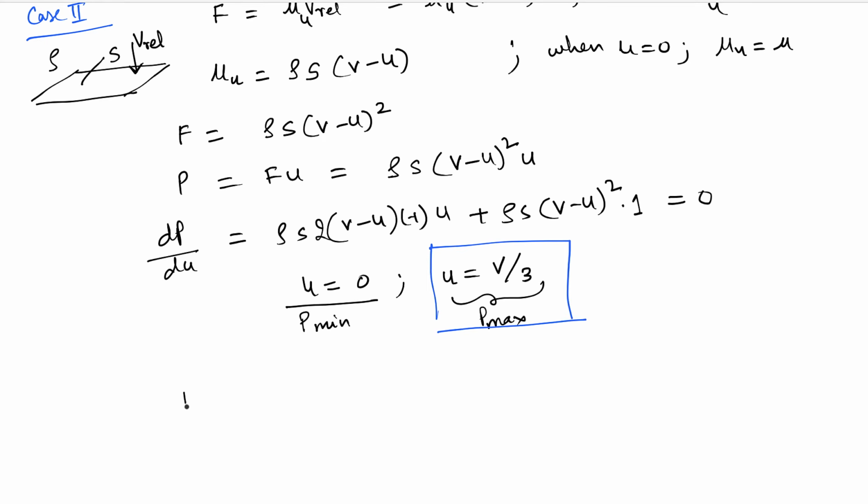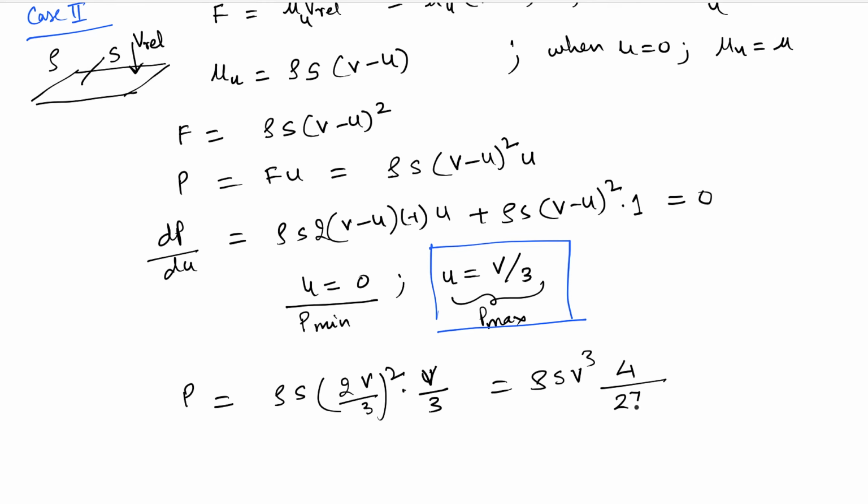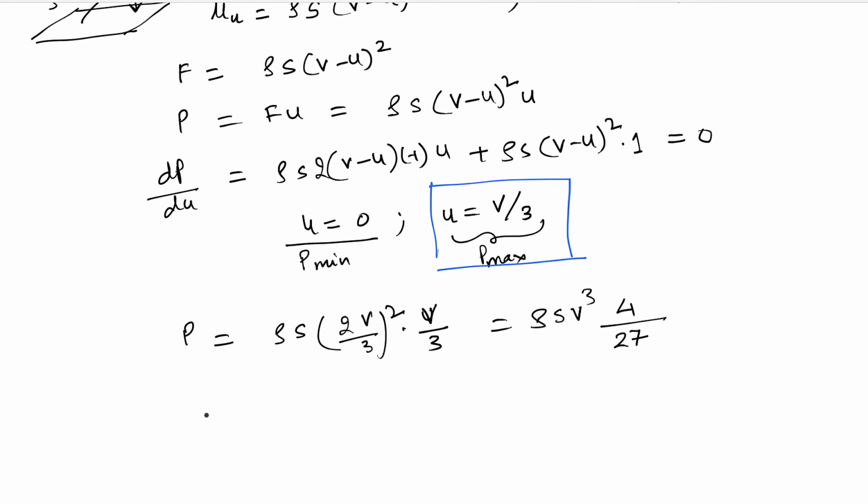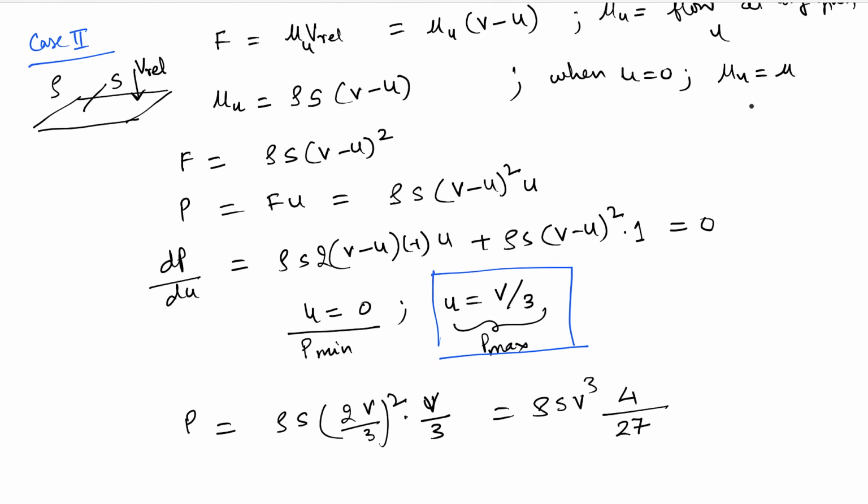Okay, and then the power will be rho S, this is (2v by 3) square into v by 3. It is rho S v cube, and this is 4 by 27. And we already know that mu is nothing but rho S v, right, when u is 0.